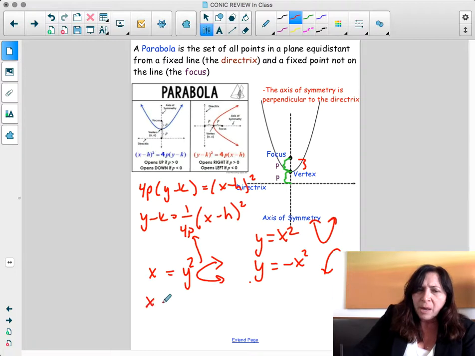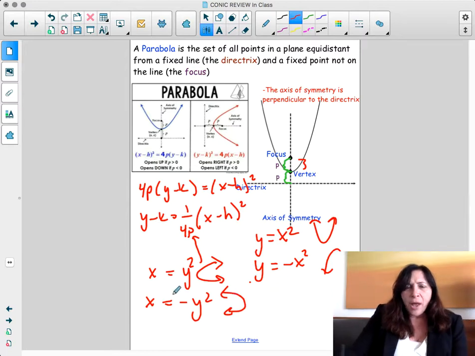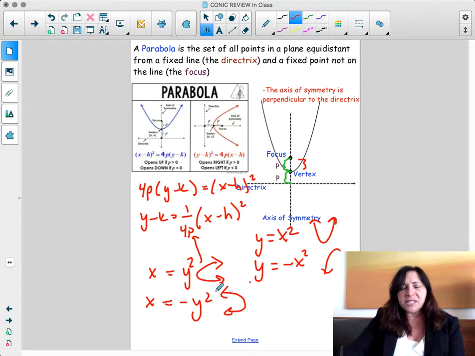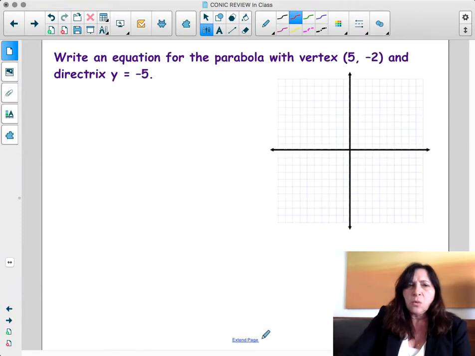Or you can set it up as x equals negative y squared, which means my parabola will open this way. So you have to look at the graph, and you're going to distinguish this graph between an ellipse and a hyperbola, because parabolas only have one squared term and ellipses and hyperbolas have 2. So this is telling me, hey, this is a parabola.